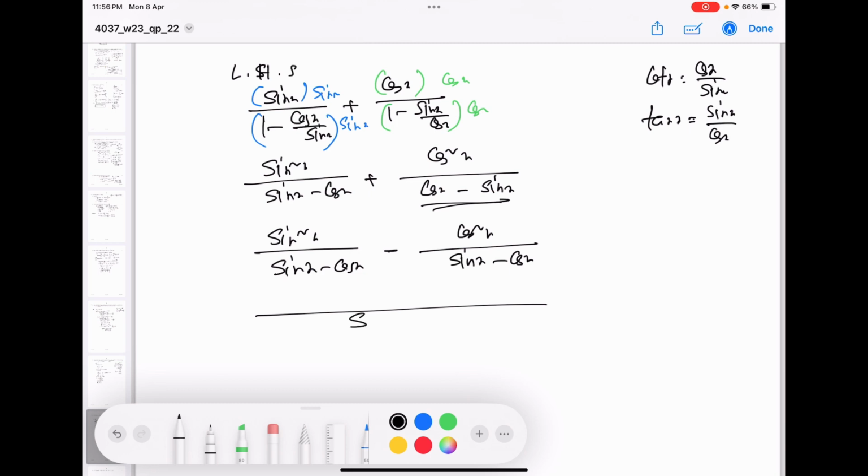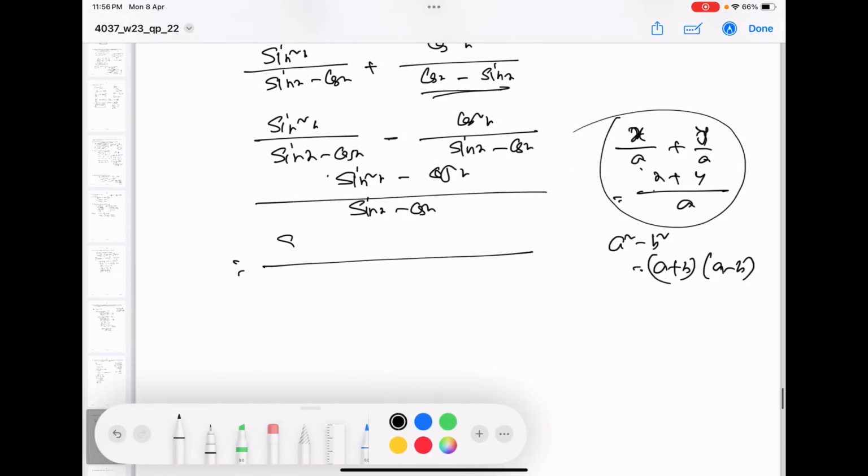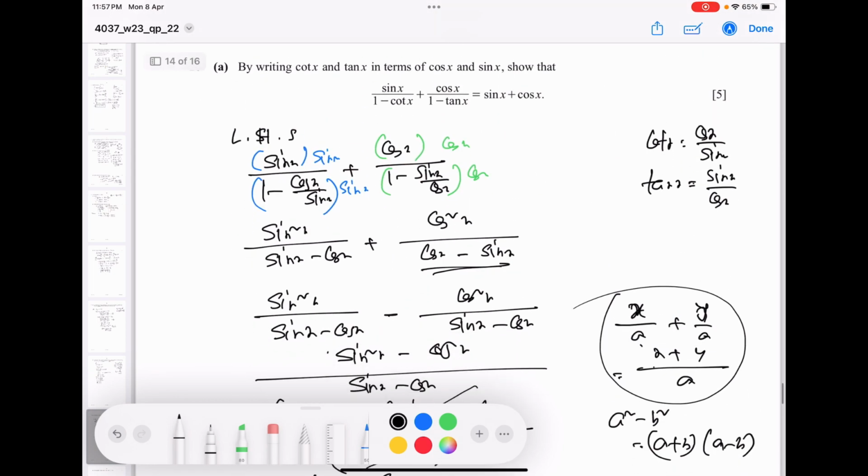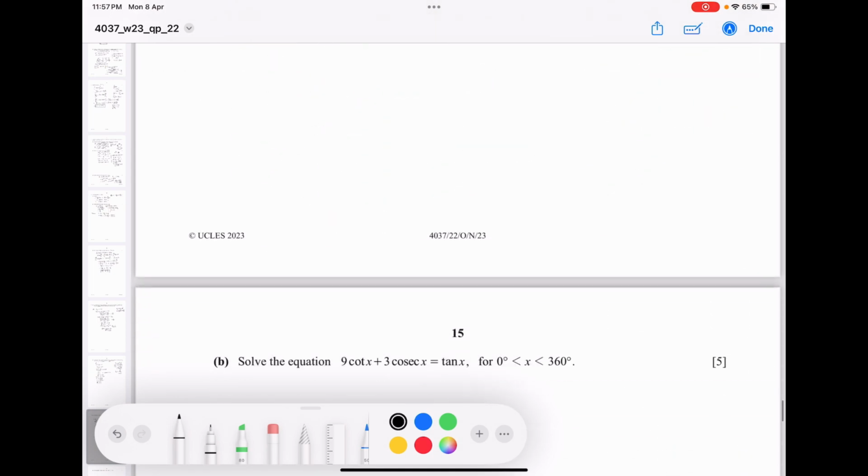Now let me write sin x minus cos x equals... sin square x minus cos square x is sin x plus cos x times sin x minus cos x. sin x minus cos x is cancelled, so it is becoming sin x plus cos x. Done. This is the answer, proved. See that it is the proof, and it's done.